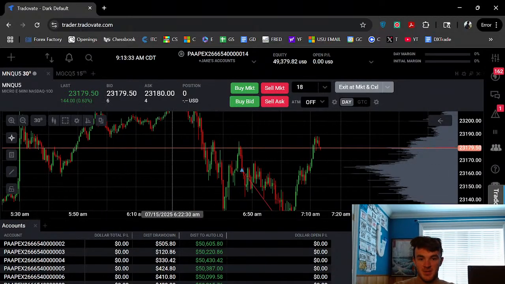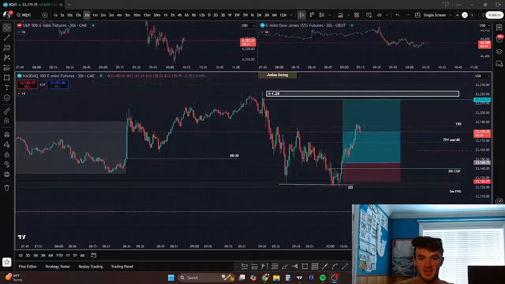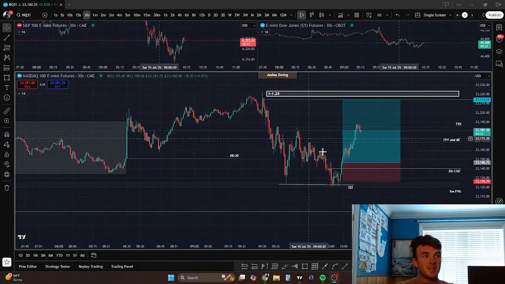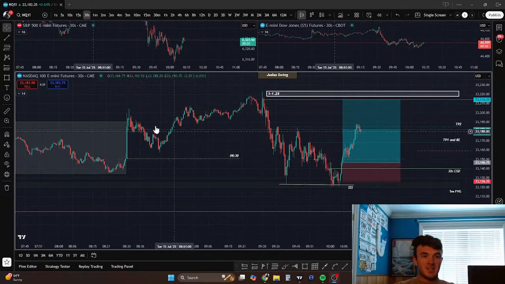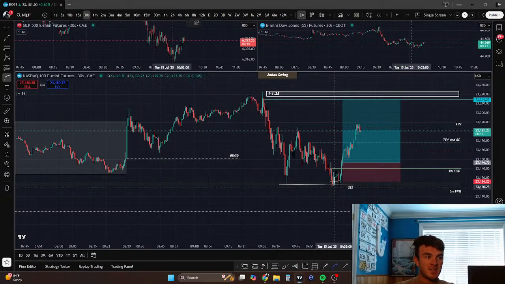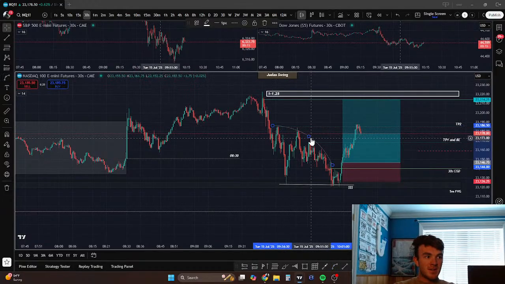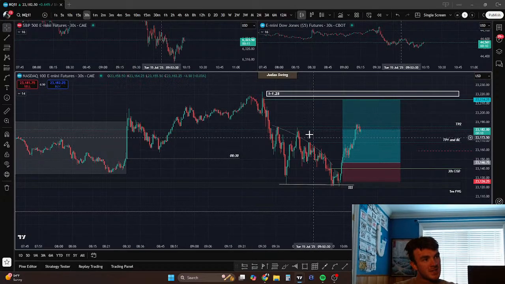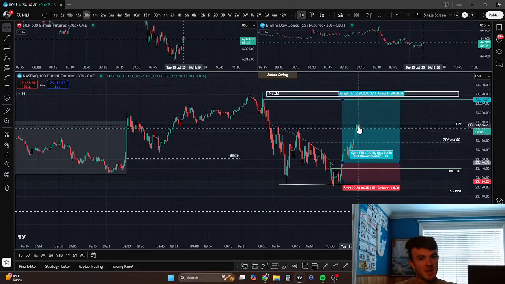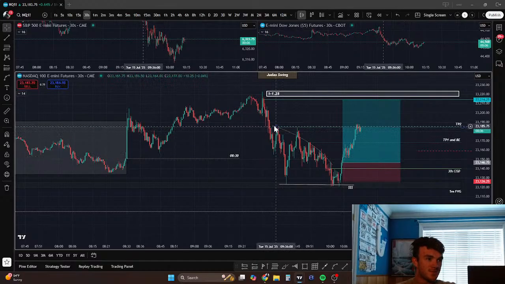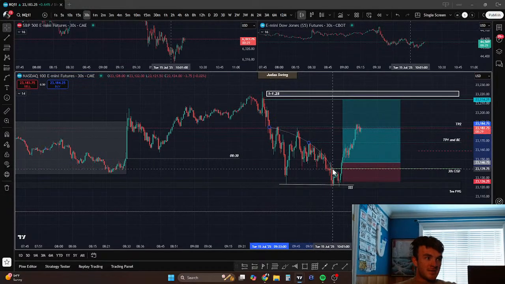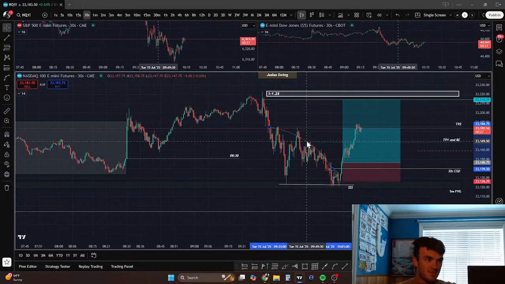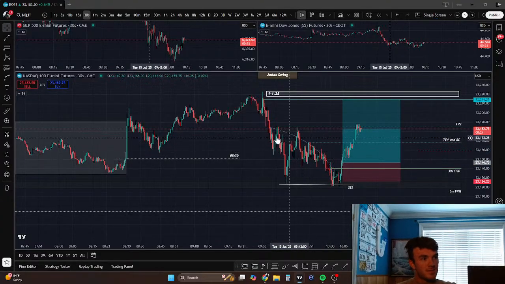Versus this one, right? When you look at a trade like this, look how much more obvious it is that we're going to go run these low resistance highs here, right? You see all these low resistance highs? You see how much more obvious it is that we're going to go run these low resistance highs? This is obviously a stop run. I just messed up. Yeah, much more obvious.